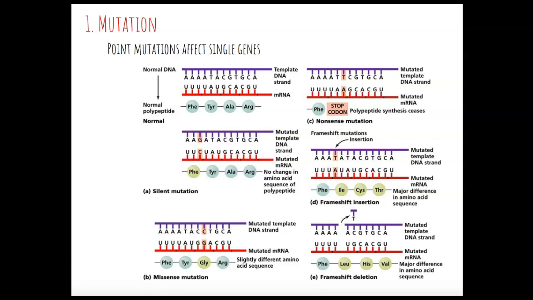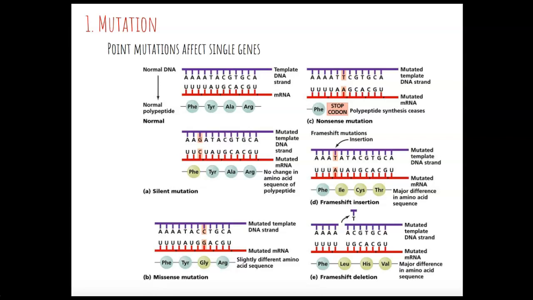So instead of that particular triplet coding for alanine, you're now coding for glycine. And so therefore you're going to have a difference in the amino acid sequence for that protein that's being coded for by that gene.